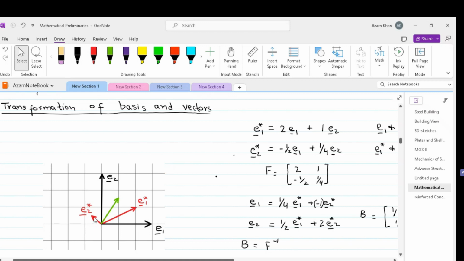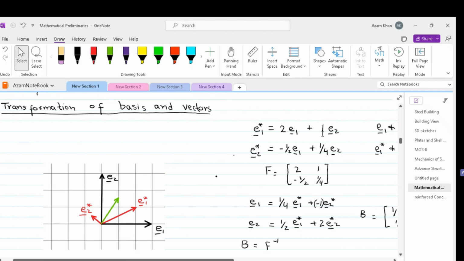Let us do the same thing with E2 star, which is minus half of E1 plus quarter of E2. So we have defined our new basis in terms of the old basis. Obviously, in order to find out the vector position in the new basis, we first have to determine how the new basis is arranged within the old basis.